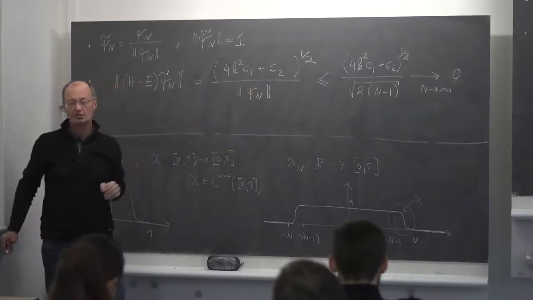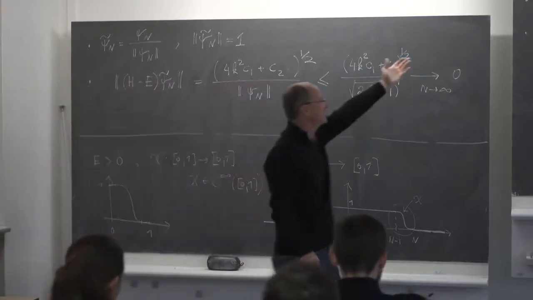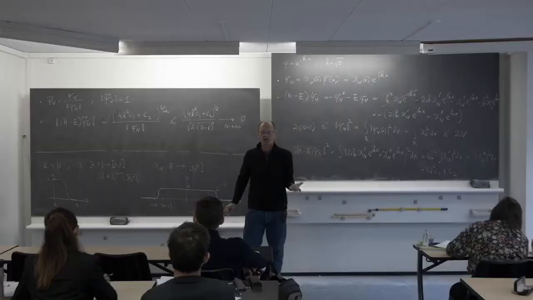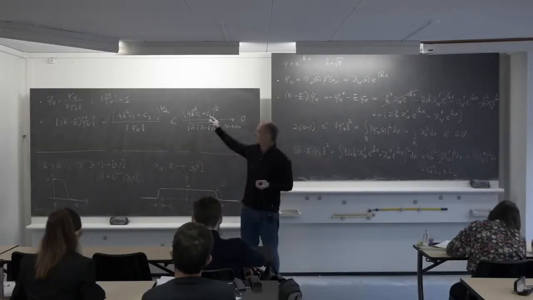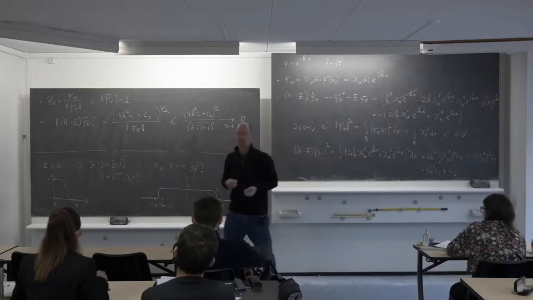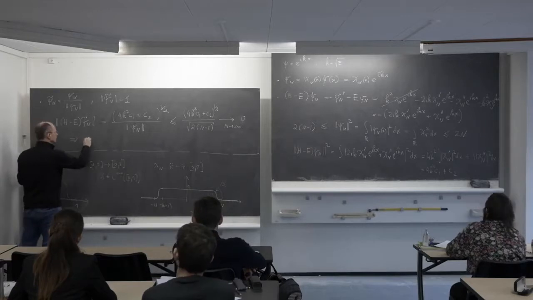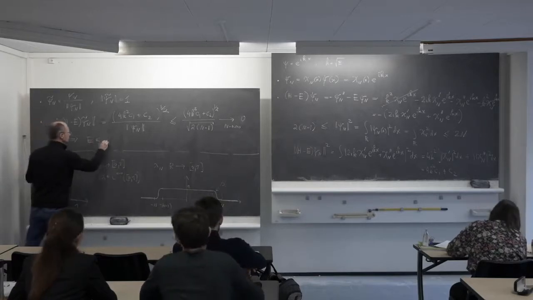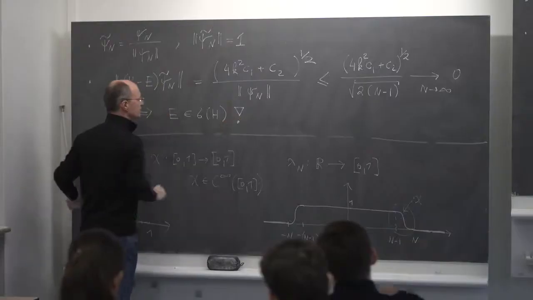So these are some kind of approximate eigenfunctions. So exponential of ikx is not a true eigenfunction because it's not normalizable. However, those guys are approximate eigenfunctions, and now we can conclude that E is in the spectrum of H.